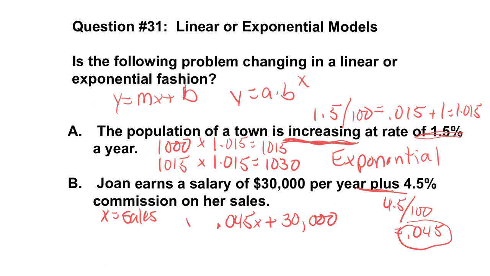But then we add it to her base. So even though they're talking about a percent here, don't let that throw you, because we're adding the percent to our base. So that's going to fall into the form y equals mx plus b. And of course, this would be linear.